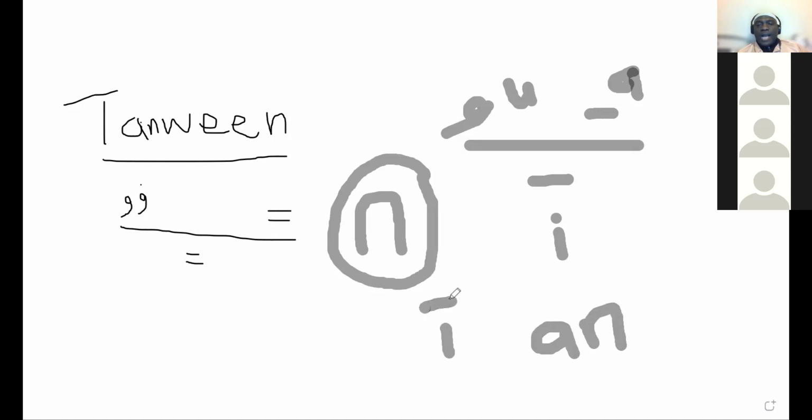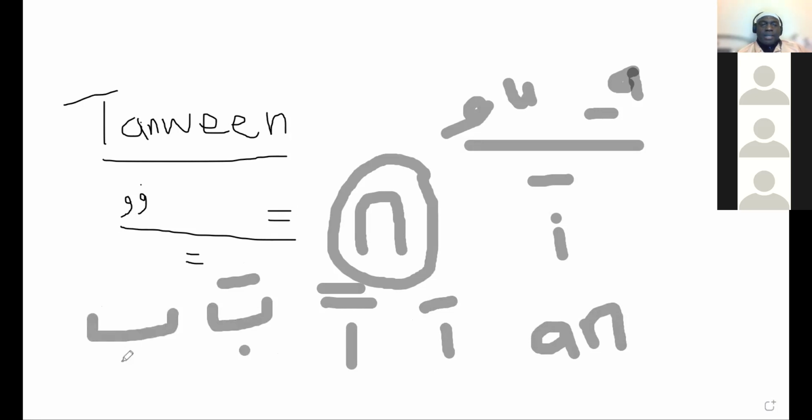Alif with fatha is A, but alif with fathatain is An. Ba with fatha is Ba, but ba with fathatain gives us what? Ban, because there is the introduction of tanwin, which is the N sound.